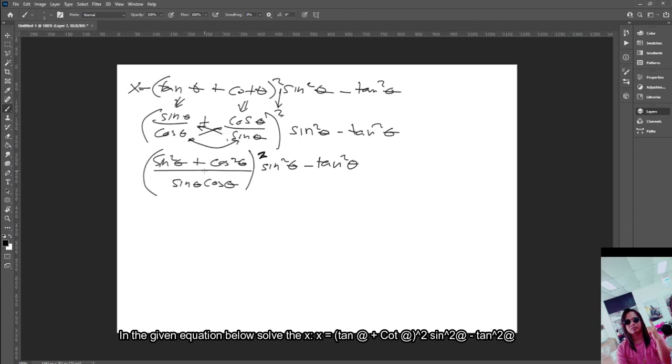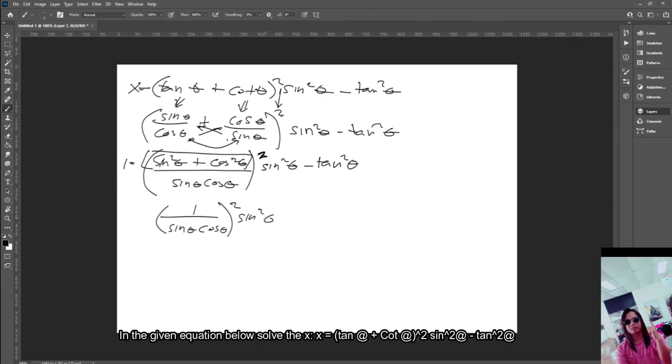So let's continue solving the innermost parentheses. As we always said, this is an identity, so this is equal to 1. Then we can write down here the sine theta, cosine theta, and we still have the square.